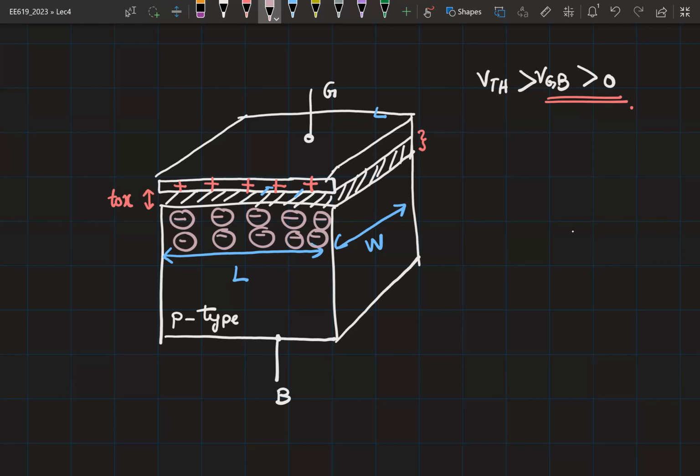So let me call this width as WD. Can you still identify the two plates? The top plate is still the gate, right? Where should the bottom plate come?